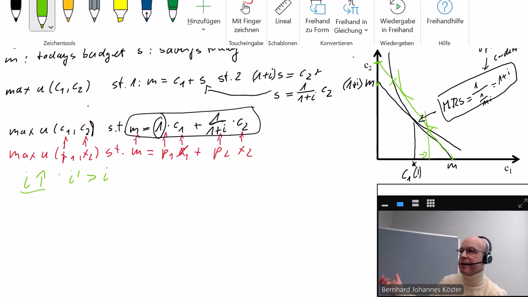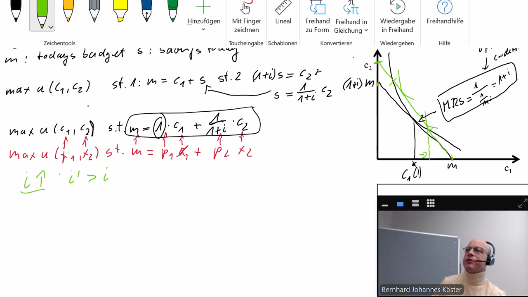Although the interest rate has increased, although it is more attractive to save, the argumentation could be: I have a savings decision today, putting 200 away from my 1,500 euros, and maybe the consumption level this creates for tomorrow is already enough for me.